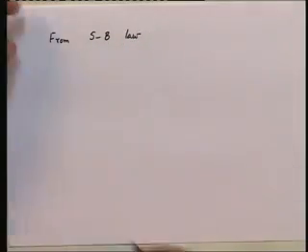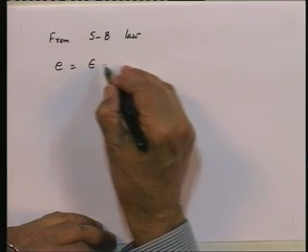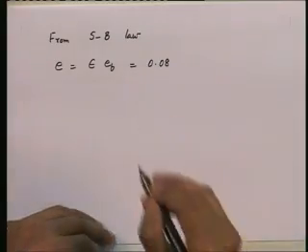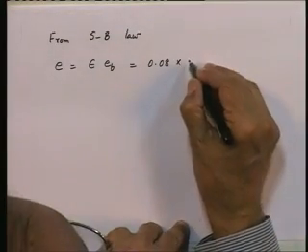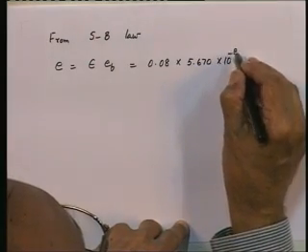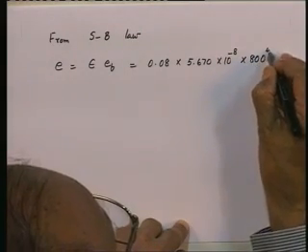First of all, from the Stefan-Boltzmann law, E is equal to epsilon times E b, which is 0.08, that is the emissivity, multiplied by 5.670 times 10 to the minus 8 multiplied by 800 degrees Kelvin to the power of 4.